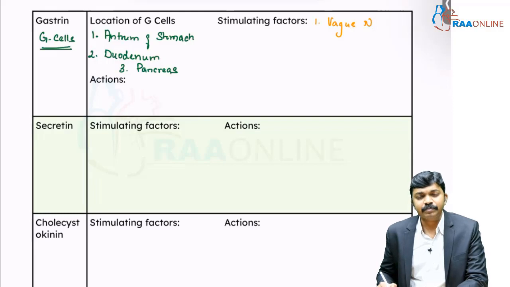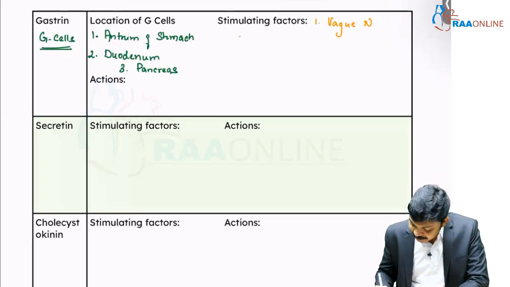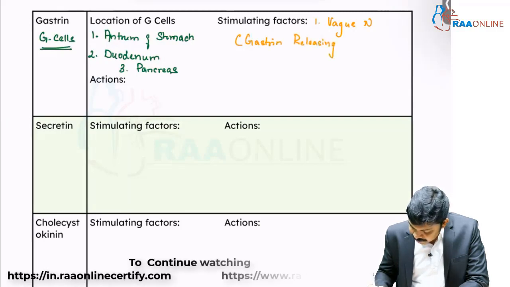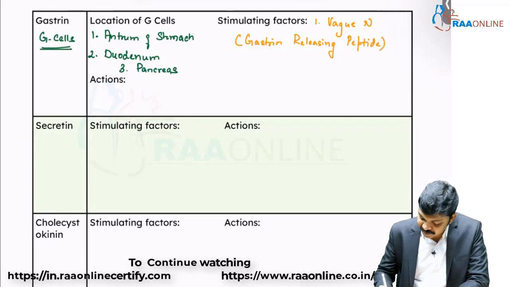But here the neurotransmitter is not going to be acetylcholine, it's going to be very different, and this is gastrin releasing peptide. The neurotransmitter used by the vagus nerve to kickstart gastrin release from G cells is called gastrin releasing peptide. That's the first stimulating factor.